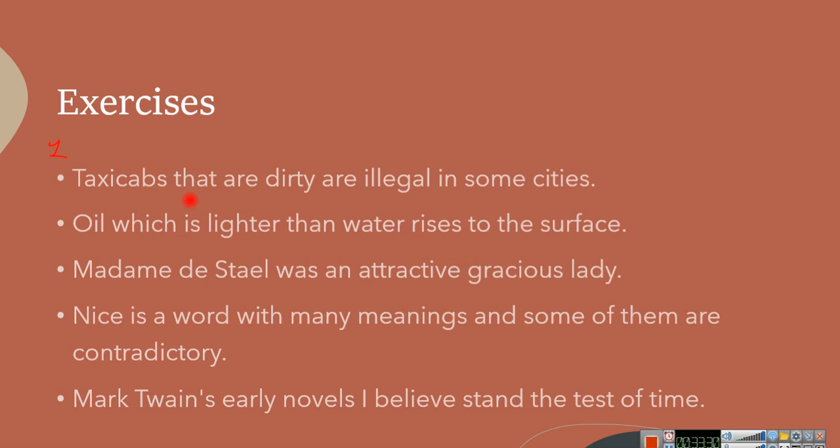My first guess is that I need to use the vocative case right here, after taxi cabs. However, we don't have a verb. We have a conjunction, and that is that. Taxi cabs that are dirty are illegal in some cities. Do I need a comma right there? No, I don't need a comma. So I'm just going to leave it as it is, and that will be correct.